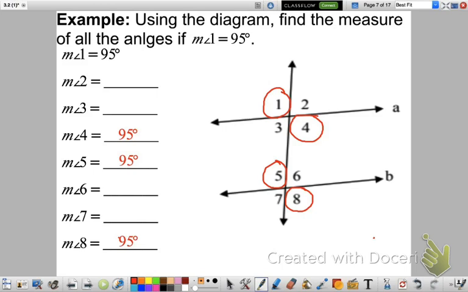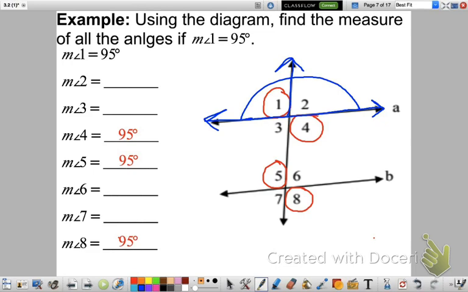But how do I find the measure of angles 2, 3, 6, and 7? Well, let's look here. Angles 1 and 2 are what we call adjacent, but they are adjacent and something else because they together form this line.